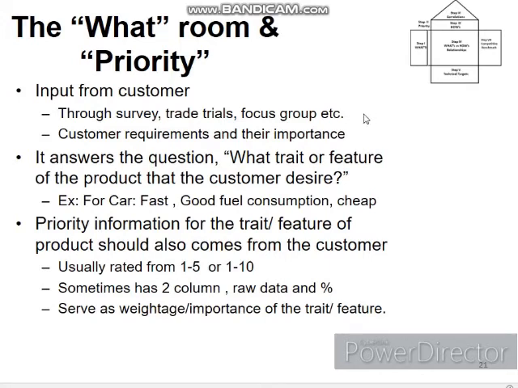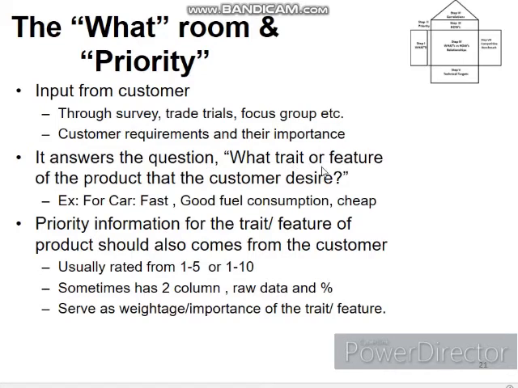Basically what we need is customer requirements and their importance. So we request the customer to tell us what their requirement is, what they want.